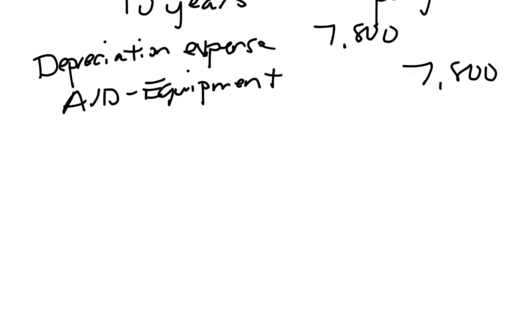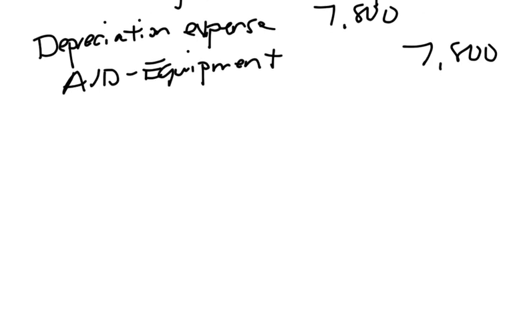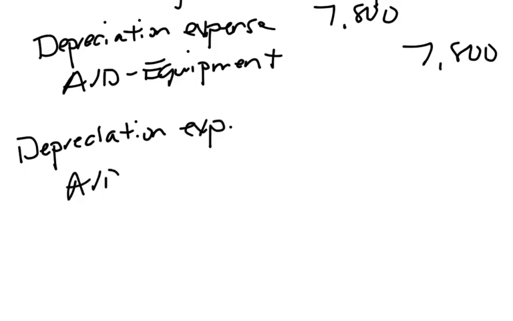But if, for instance, let's say that we purchased this on May the 1st, still the same fiscal year, January 1 to December 31. Now I have not owned the equipment for 12 months. I can't depreciate $7,800 because that's a per year figure. So now my entry looks the same as far as my accounts go. We still have depreciation expense and accumulated depreciation for equipment.